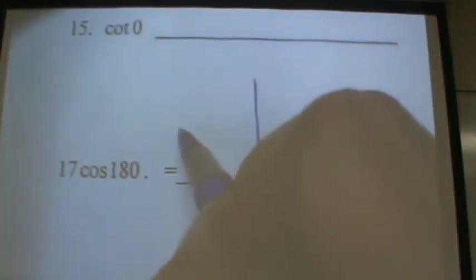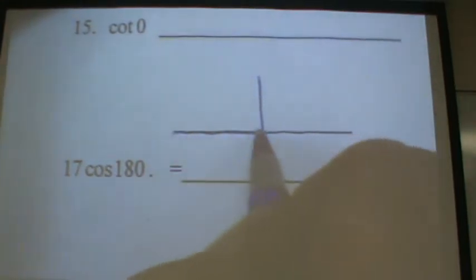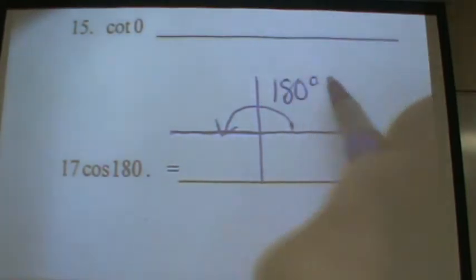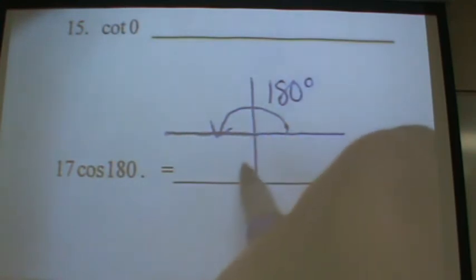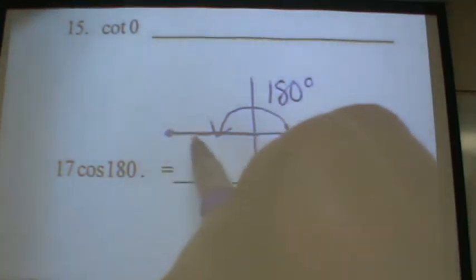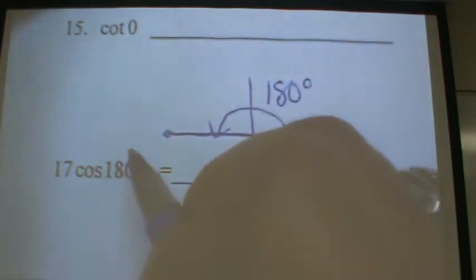Number 17. Where's 180 degrees? On the axis, on the x-axis. Here's 180 degrees, so from here to here is 180. If you're not in the quadrants, if you're on an axis, what definition am I going to use?